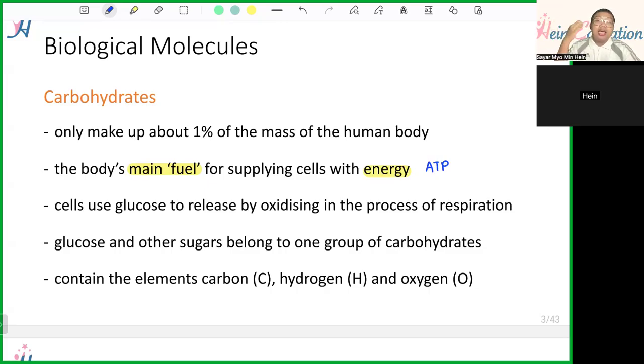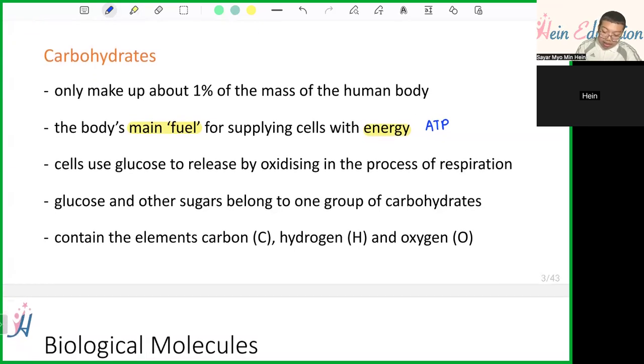Basically, cells use glucose to release energy by oxidizing it in the process of respiration, which is aerobic respiration. Glucose reacts with oxygen to provide carbon dioxide and water, as well as ATP energy. Glucose and other forms of sugar all belong to carbohydrates.